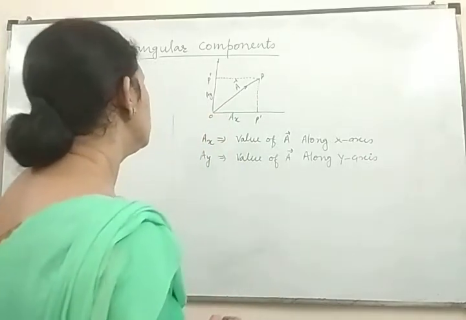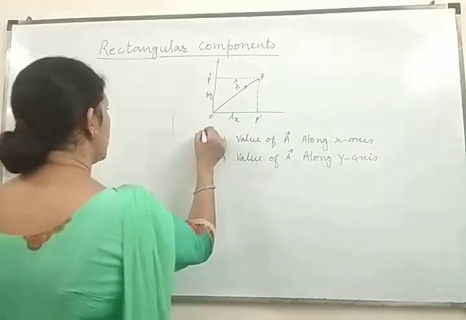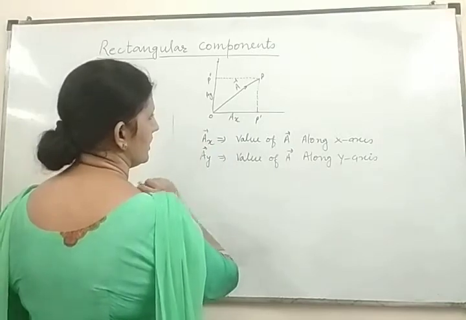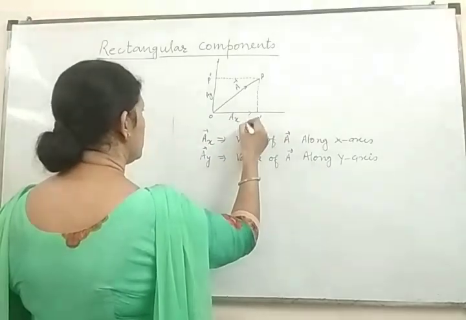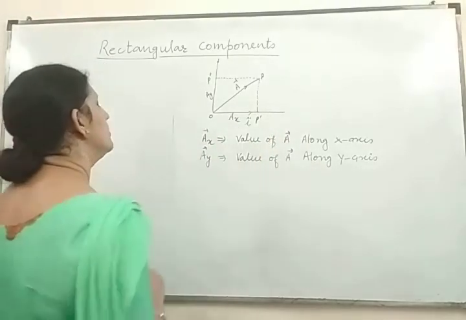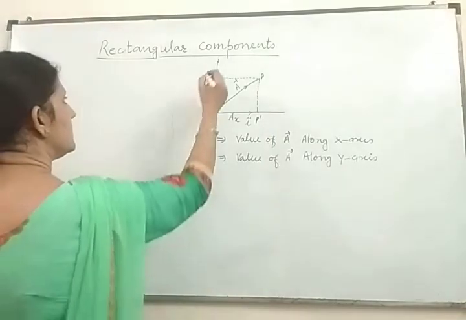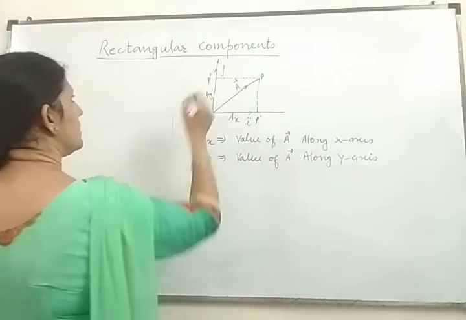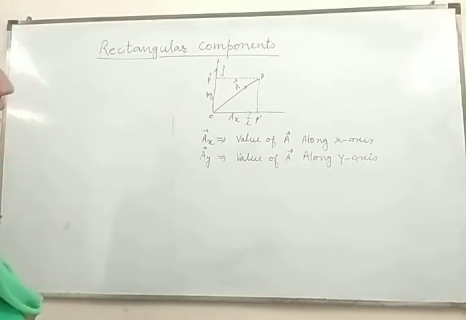Now the question is, what are the directions along the x-axis and y-axis? So take the unit vector i cap along the x-axis and the unit vector j cap along the y-axis.